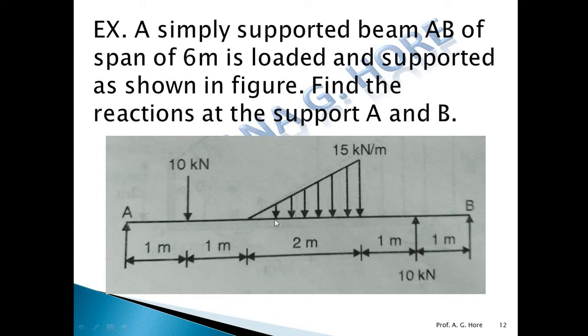The only thing is that one triangular load, or uniformly varying load, is there. Convert that UVL into a point load. First of all, find the area of the triangle, half base into height. Base is 2, height is 15 kilonewton per meter.